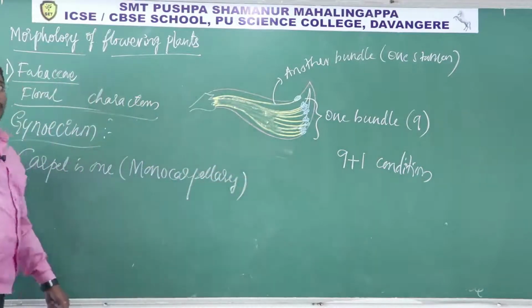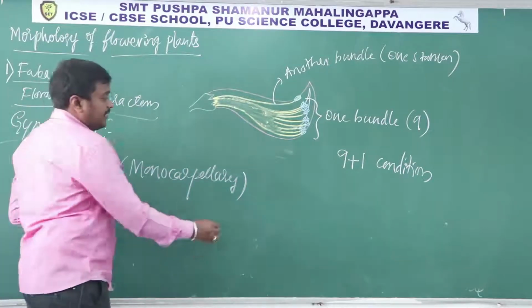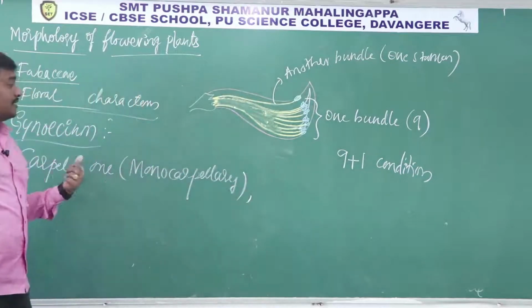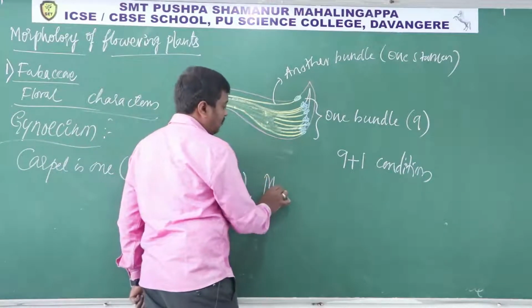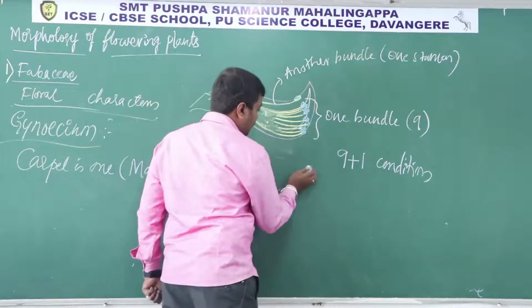Then locules, the number of chambers present inside, is also single, so it is called monolocular or unilocular.